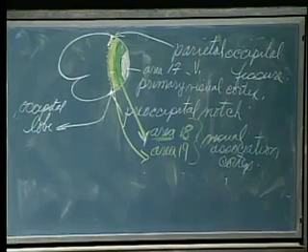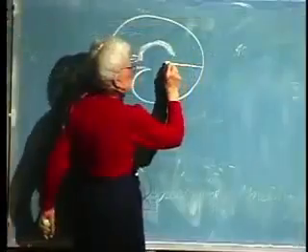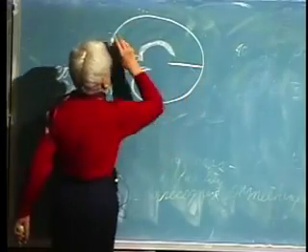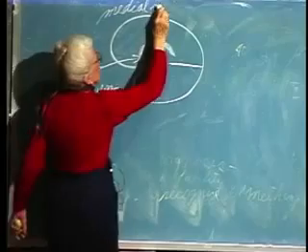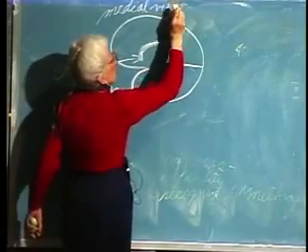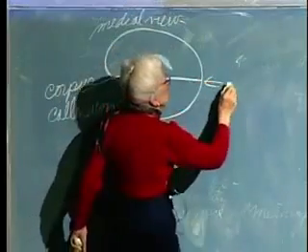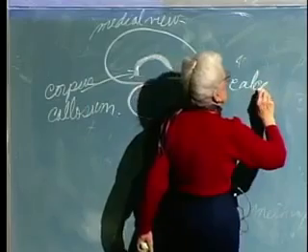And here we're going to introduce a fissure that we haven't had before. Does anybody know the name of the big fissure on the medial surface of the cortex in the occipital lobe? Calcarine, right. Calcarine fissure, thank you.